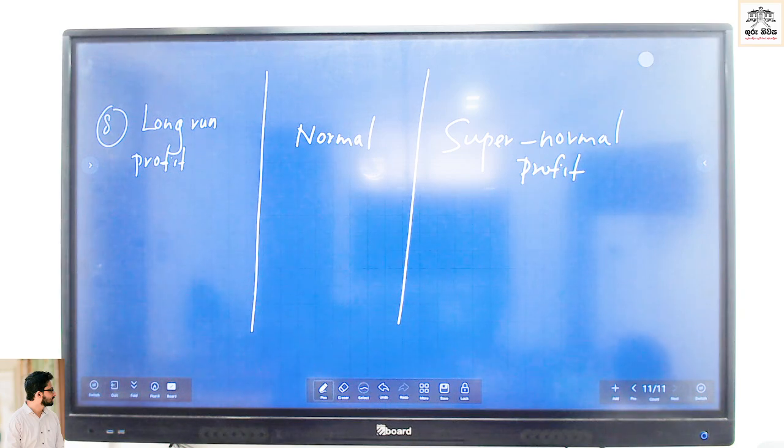Then you can jump into the others: price maker, price taker, demand curve, MR and AR. These other characteristics come under the main dimensions of market structures.